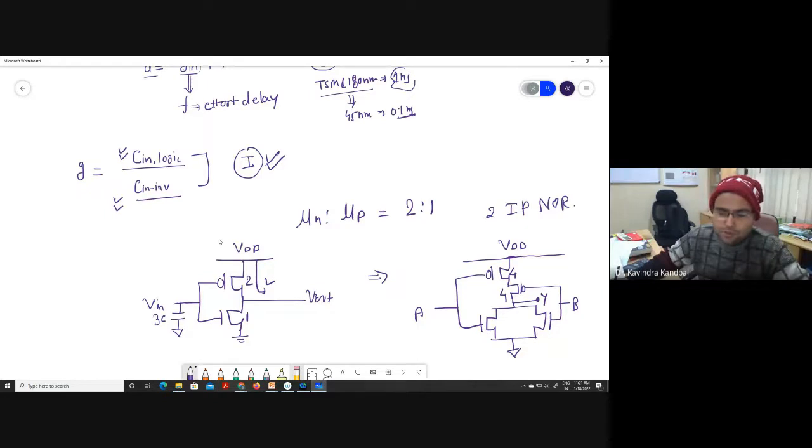The W by Ls are like transconductance, and once conductances are in series, the equivalent is a harmonic mean. So the equivalent of this upper structure is 1 upon 4 plus 1 upon 4, that is 1 upon 2. Hence W by L becomes 2, which is equivalent here. Or in other words, if it has a resistance equal to 2R, then you can find out the net resistance, and you will be able to estimate it.